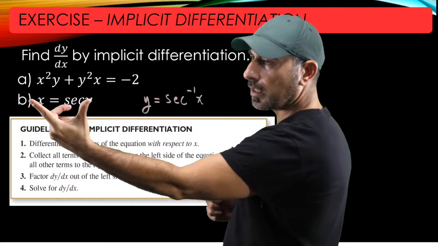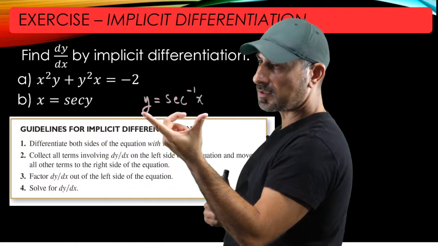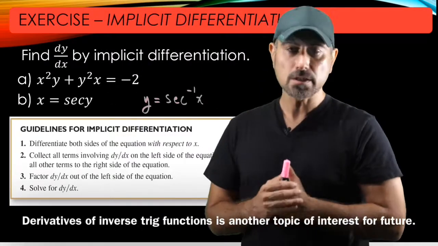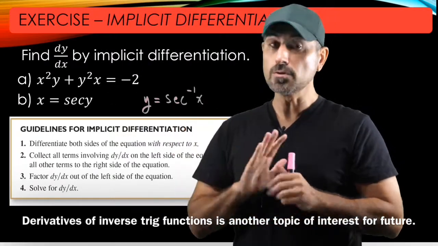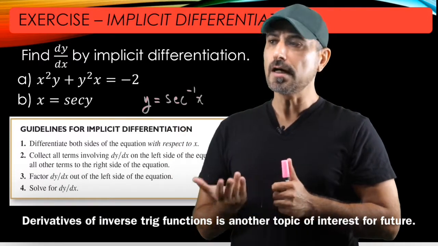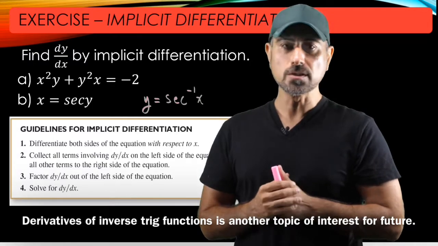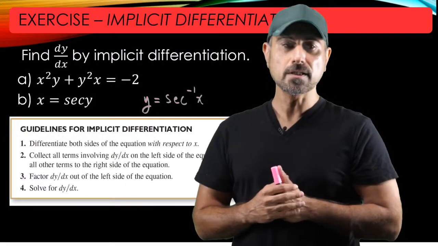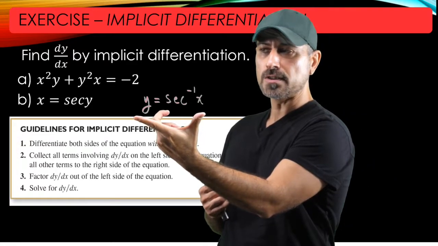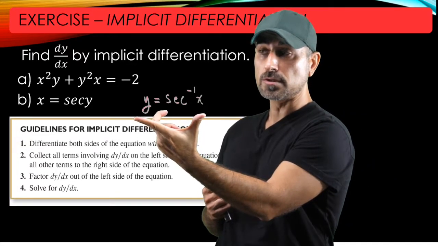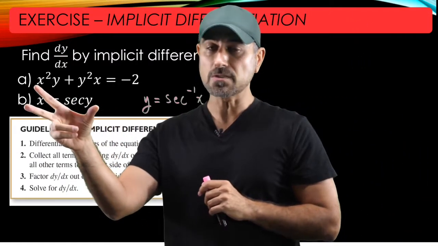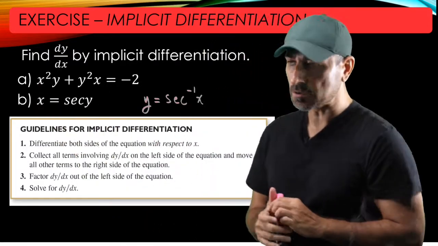These two expressions are equivalent, but this is explicit and this one is not. Unfortunately, we do not have any rule yet to take the derivative of inverse functions. Indeed, the derivatives of inverse functions will be the main topic of the next section. So since we don't have any rule to take the derivative of this explicit description, we will still use implicit differentiation on x equals secant y.